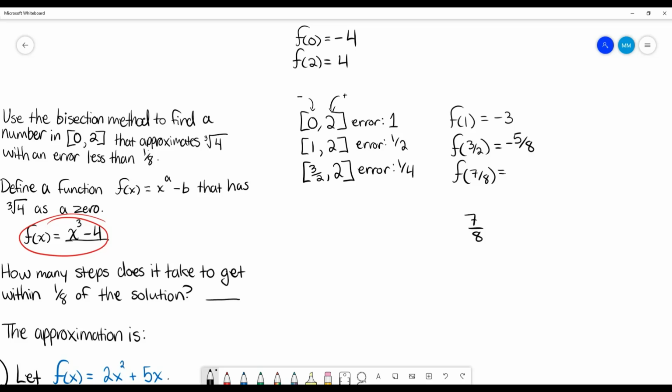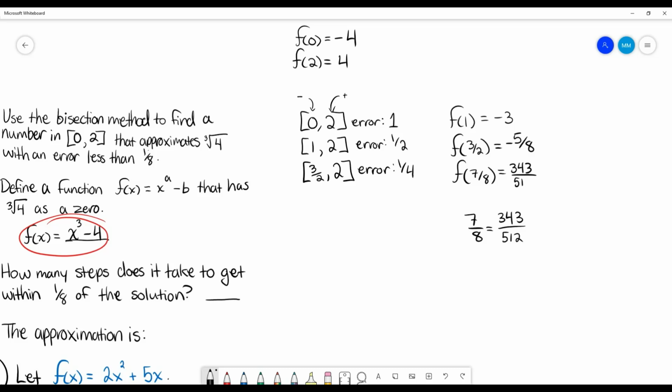7/8 cubed, that's a little bit trickier. So I know 8 cubed is 512. 7 cubed, I won't lie, is a little bit out of my mind. That's 49 times 7, which is going to be 343.